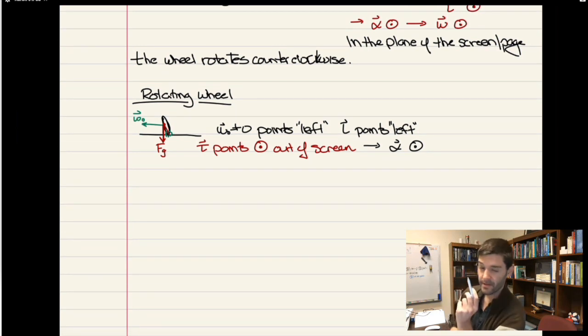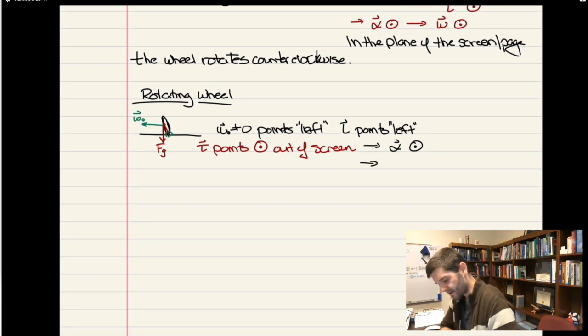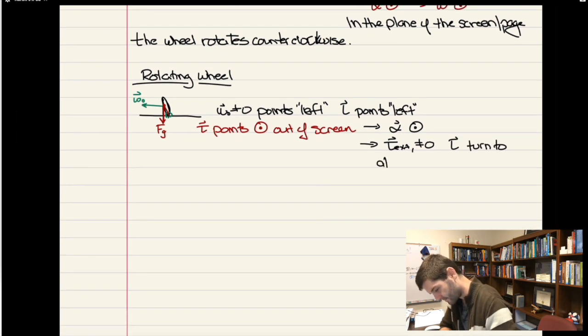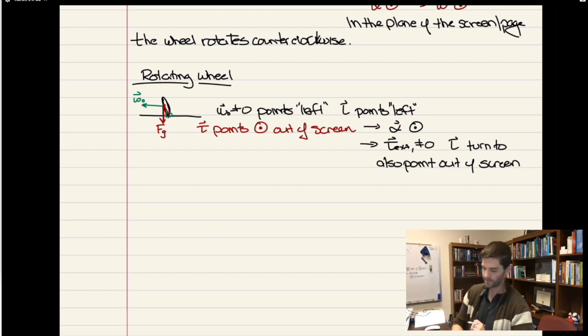So now if we think of this in terms of angular momentum, since there is an external torque, L will want to turn to also point out of the screen.